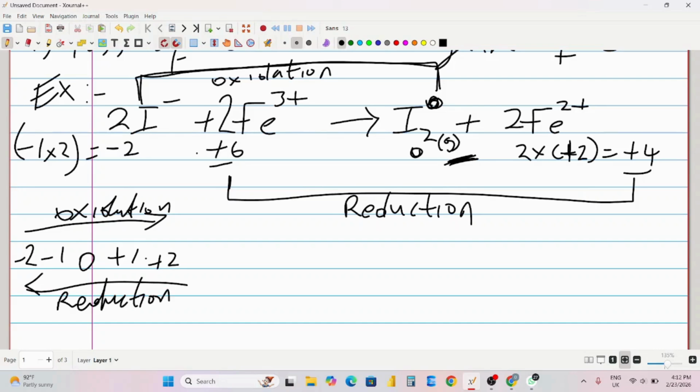So we're able to follow that iodine experienced oxidation based on going from -2 towards 0.